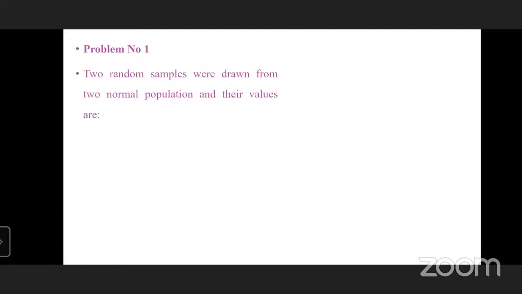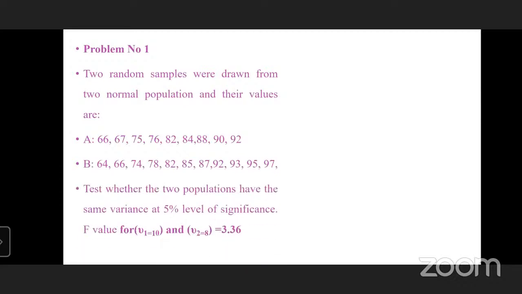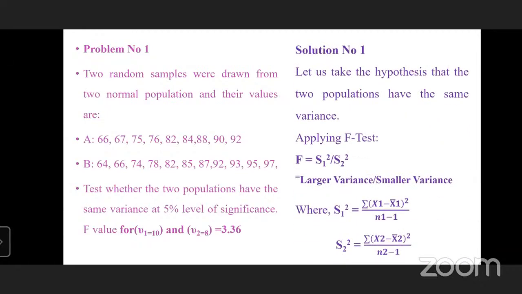Two random samples were drawn from two normal population and their values are A सॅम्पलच्या व्हॅल्यू आहेत, हे B सॅम्पलच्या व्हॅल्यू आहेत आणि test whether the two populations have the same variance at 5% level of significance. The table value is already given. V1 म्हणजे 10, V2 म्हणजे 8 म्हटलं आणि उत्तर आहे 3.36 कम्पेअर करण्यासाठी. हा प्रॉब्लेम आहे. आता दोघांचे व्हरायन्स काढायचा असतो.